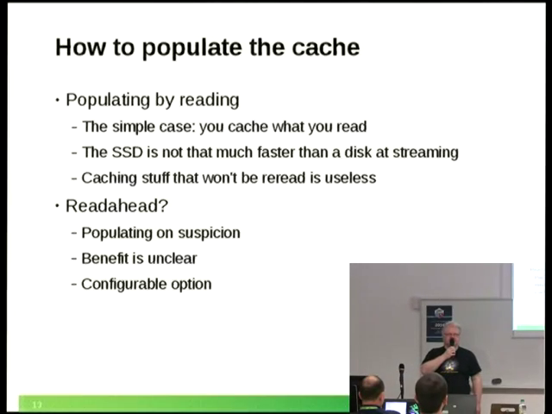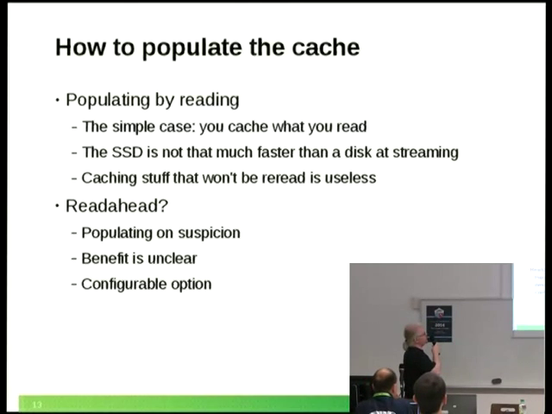There is in every caching solution the problem of what to cache and when to cache it. The usual and probably only solution in that case is that you cache what you read and at some point evict it. But when reading, there is a problem. As I told you, SSDs have great latency, but not so great throughput.